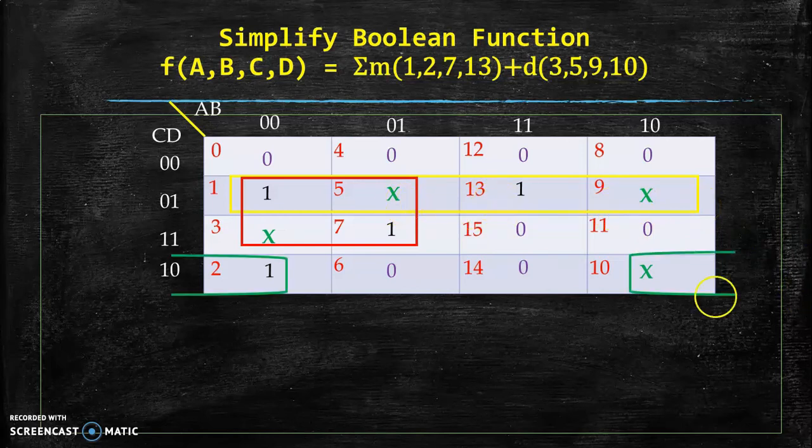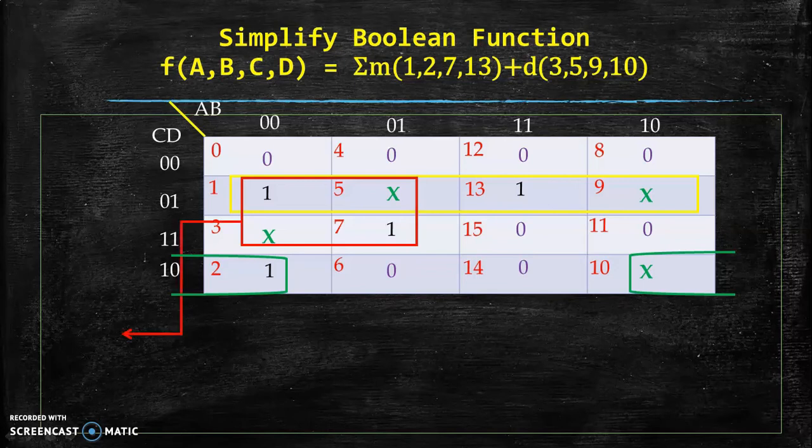And if we use the don't care condition 10 as a 1, then we get one pair. This is a wrap around pair. This is an overlapping quad. We have used all the don't care conditions, but again I repeat, it is not necessary that we use all the given don't care conditions. We can use as many as we require.